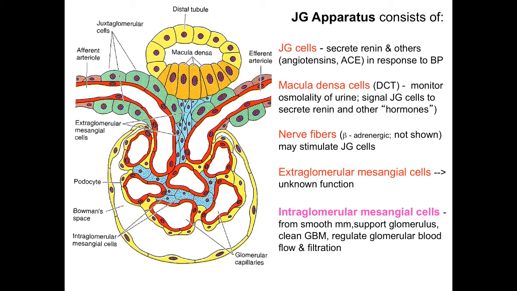And here again, both the extraglomerular and intraglomerular mesangial cells as modified smooth muscle cells may play some role in tubular glomerular feedback and regulating glomerular filtration rate by their ability to contract. They may regulate how much blood flows through the afferent or efferent arteriole.